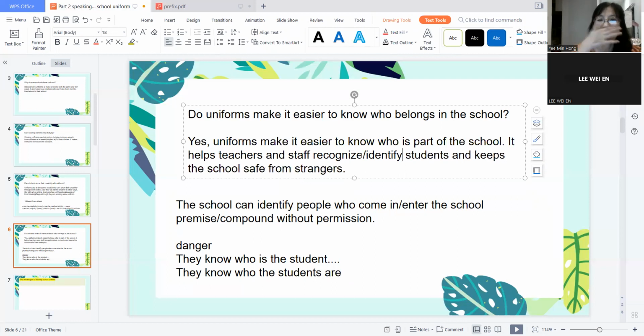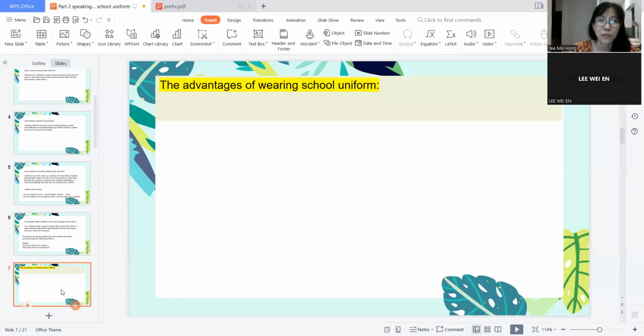Instead of just saying identify, you can say recognize, 认得出, okay? Student keeps the school safe from strangers, right? And also make it easy to know who is part of the school and help school teachers and staff to recognize students and keep the school safe from strangers, okay? Any question on this part? No? Okay, let's move on.